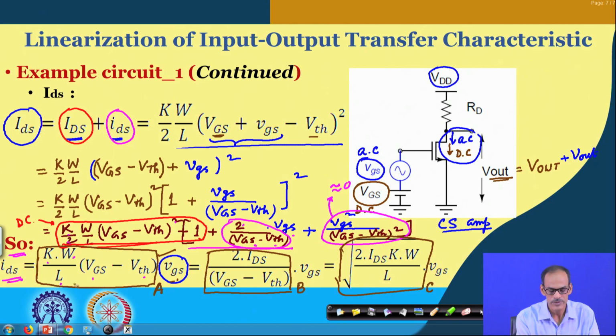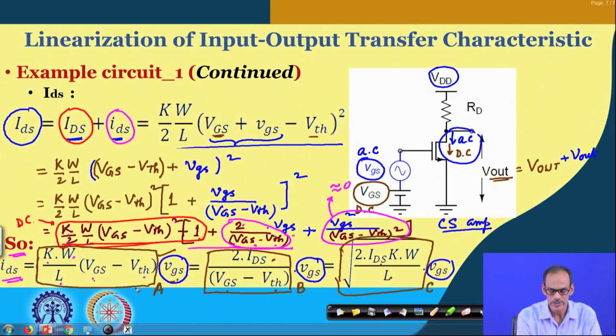Only thing is that in this form, this part is defined by W by L and VGS minus VTH, whereas for this case it is in terms of IDS and VGS minus VTH without considering W by L. And then the third combination is IDS and the aspect ratio W by L. So, depending on the situation we may take one of these forms, but everywhere we do have the VGS appearing.